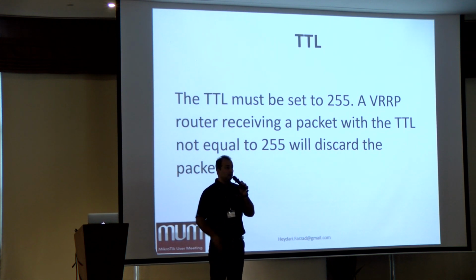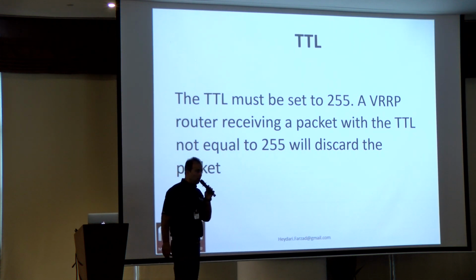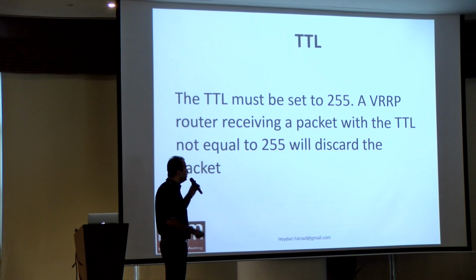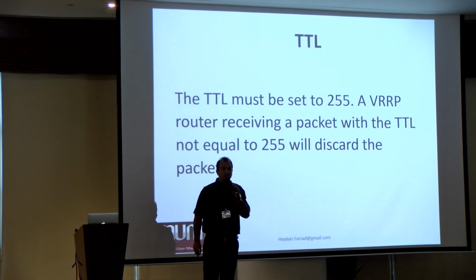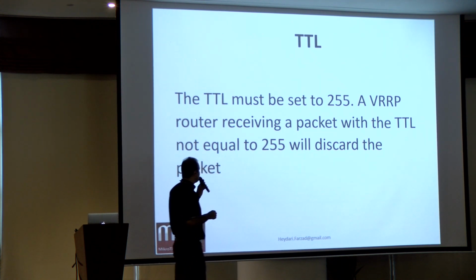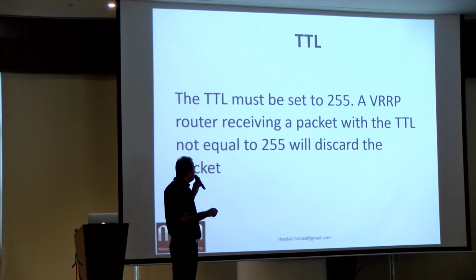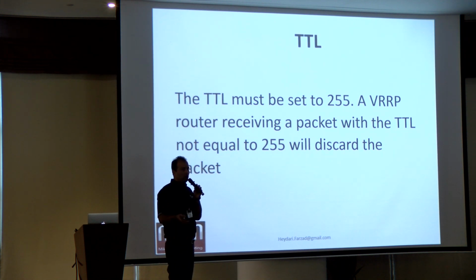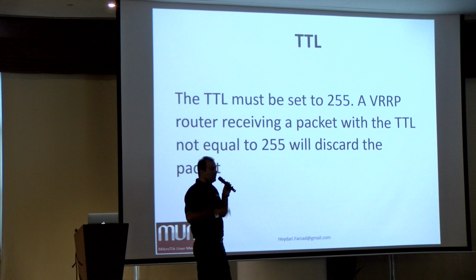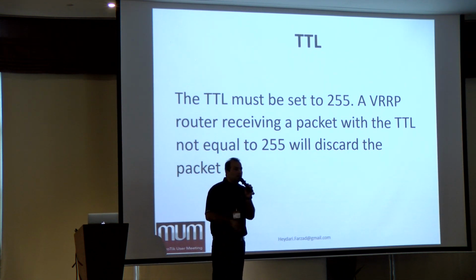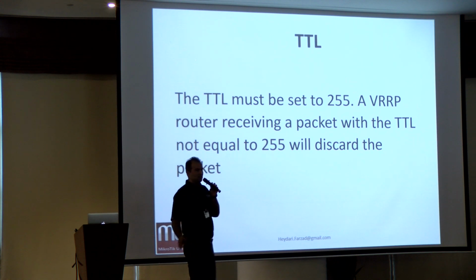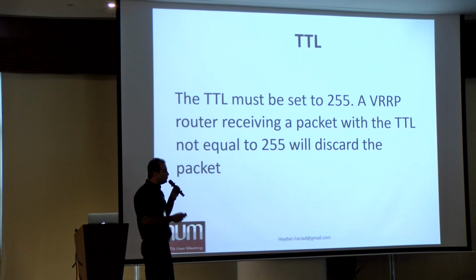The TTL, time to live, for VRRP is set to 255 in a group. If the router gets a VRRP packet whose TTL is not set to 255, the router will discard the packet. So the packet should have this TTL.